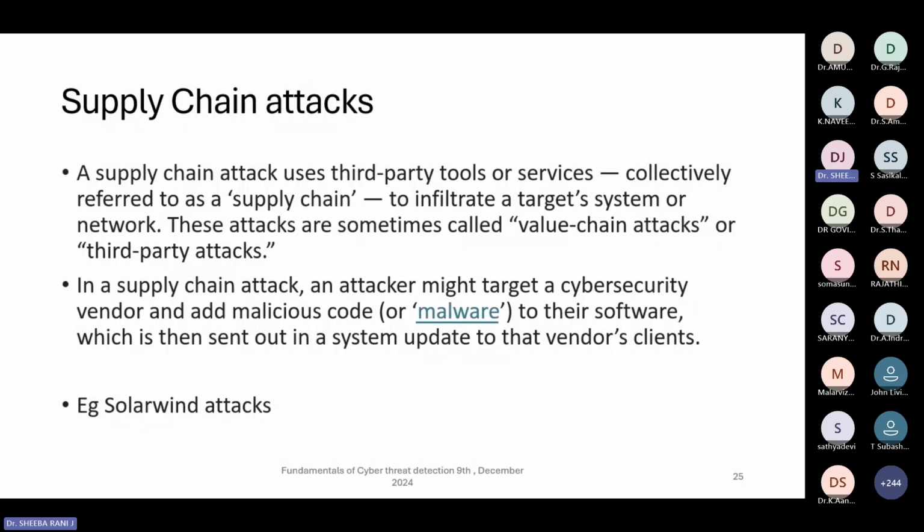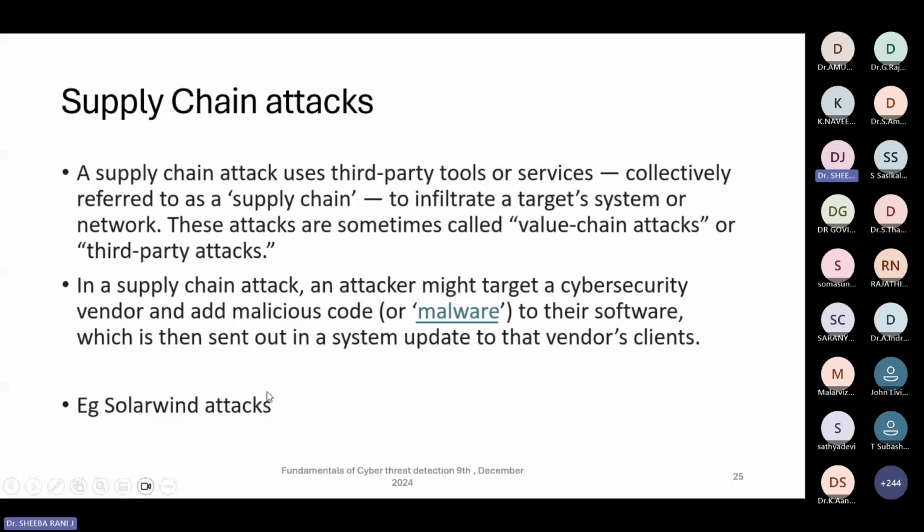It can be malware, it can be a Trojan, any type of ware we have learned earlier, so that it is sent out in the system update to the vendor's clients. We don't know; the vendor receives it from this person, but inside the supply chain itself the attack is made, right?